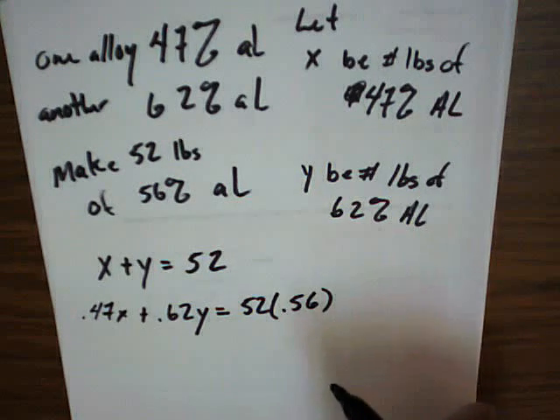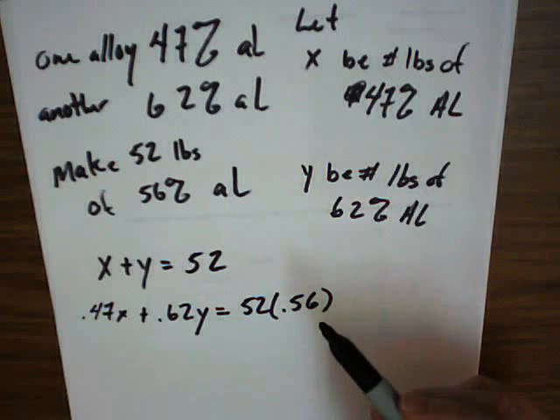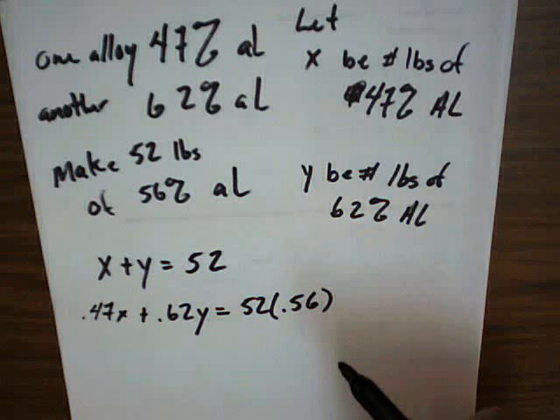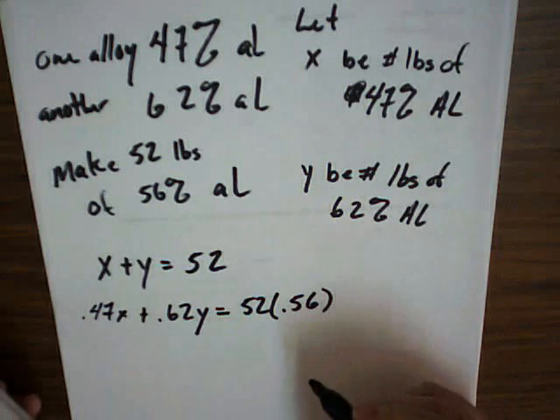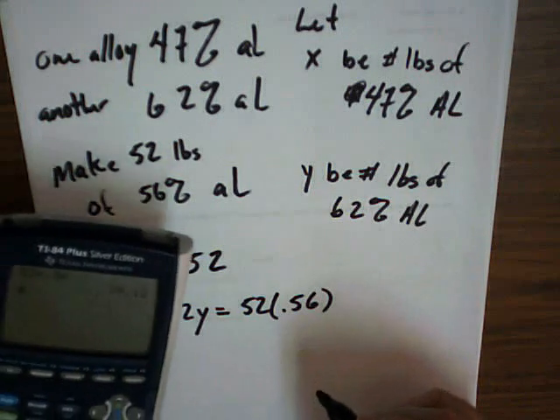I have to use my calculator on that. I just use my calculator. 52 times 0.56, 29.12.